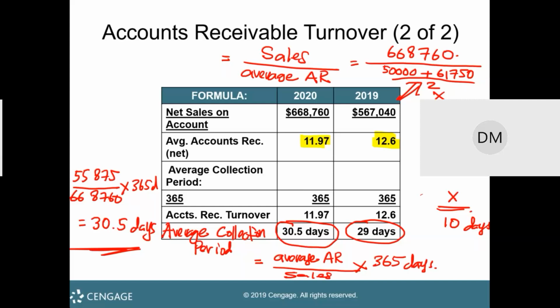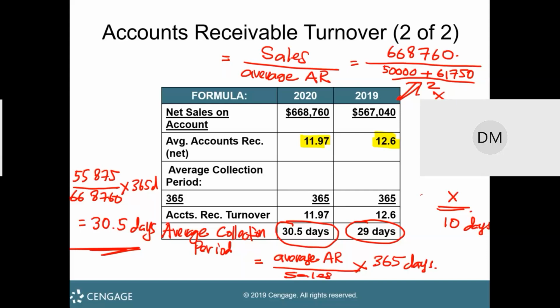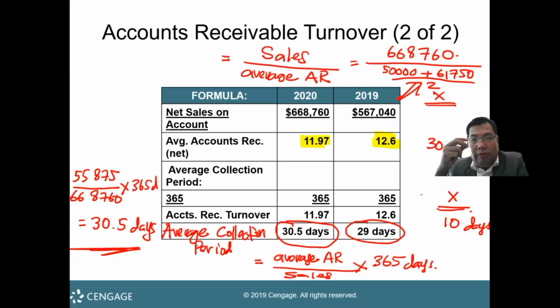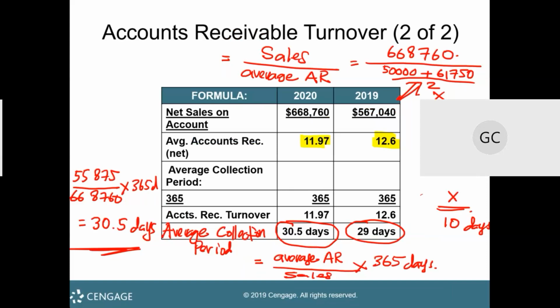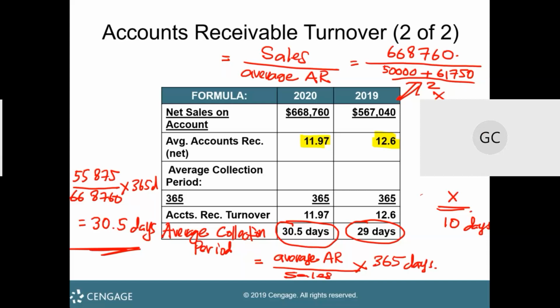Why? Because the collection period is short compared to the other company, which is 30 days. They will have more liquidity, they have more money. If you can collect the money faster, is it good? You will have more cash, more liquidity faster, and you can buy more assets.